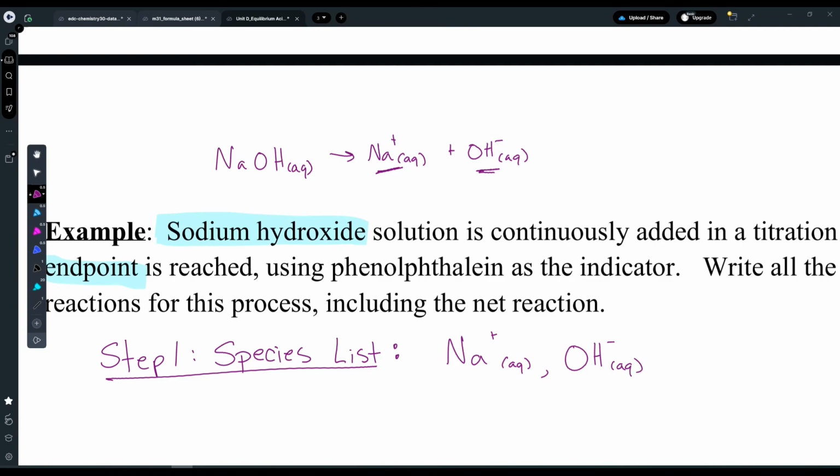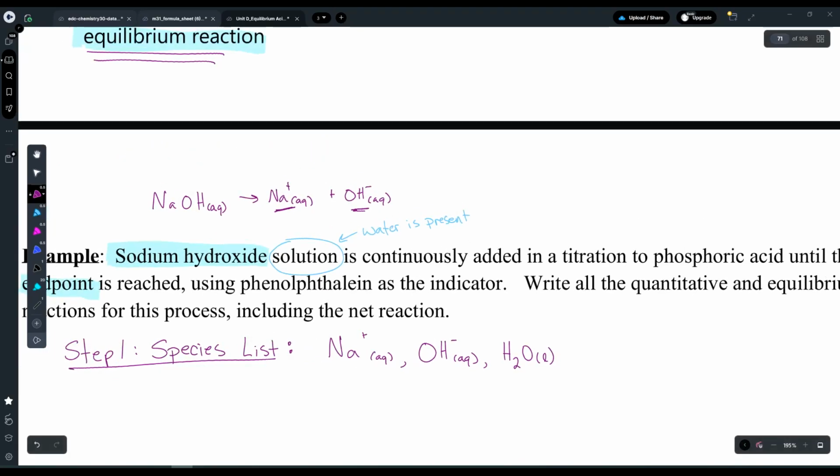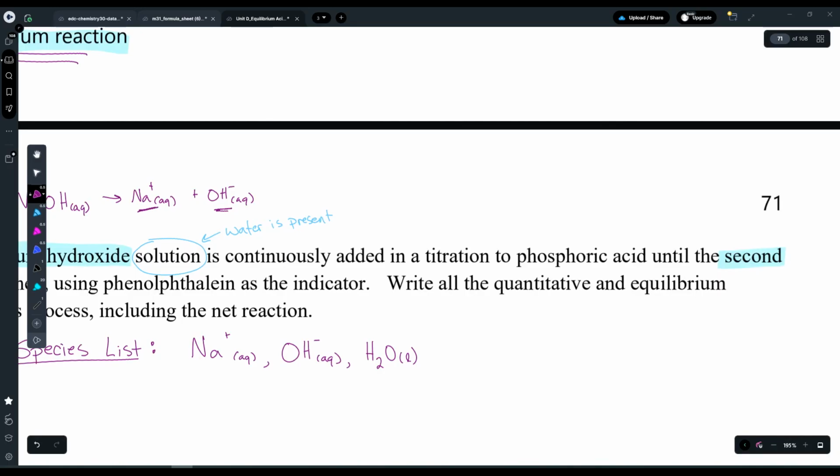Now, since it says that we have a solution, that means that water is going to be present, because solution means that your substance is dissolved in water. So we're going to write water as a liquid here, and then we have phosphoric acid.